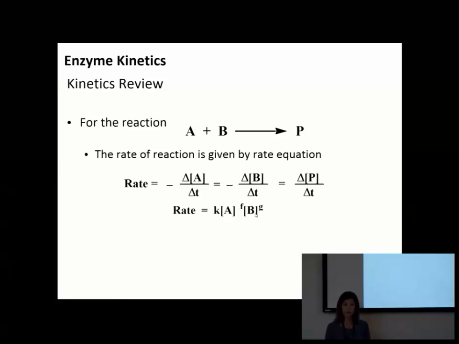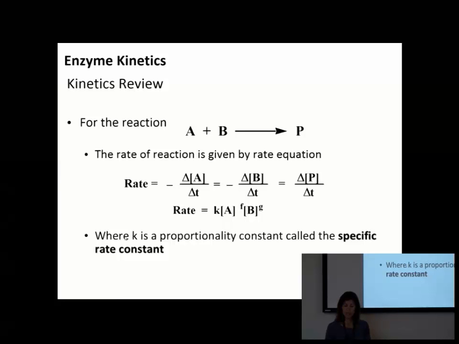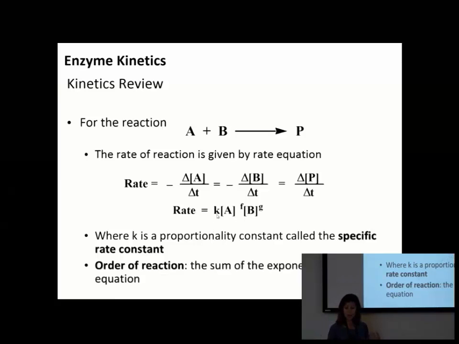And the only way that we can determine both the k and the order of the reactions is by doing experiments. You cannot look at a balanced reaction and determine what the rate law is.